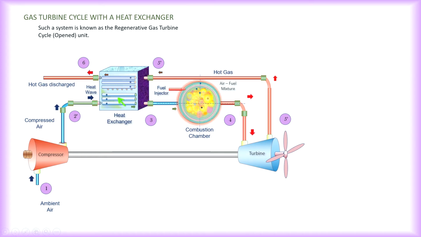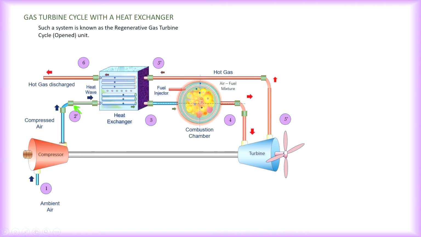So it exchanges heat from hot to cold. What happens here is the compressor will take in atmospheric air and increase the pressure and temperature when it undergoes a compression process.